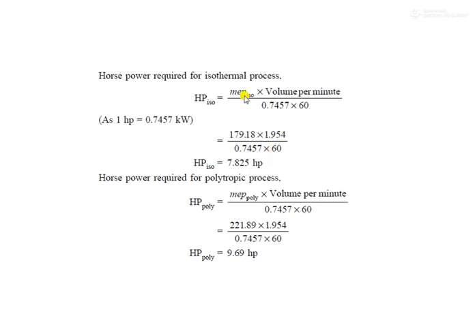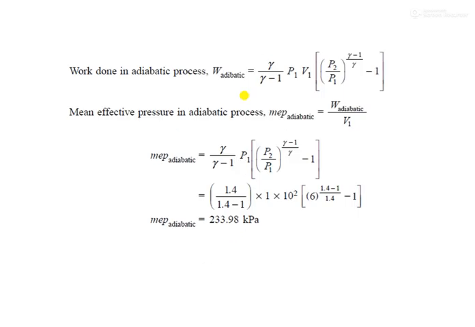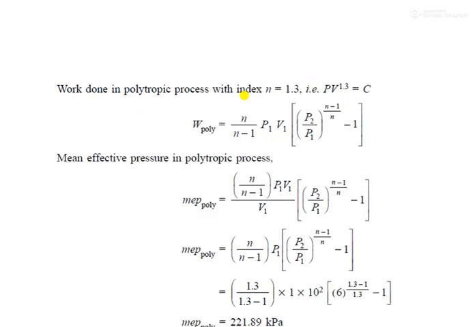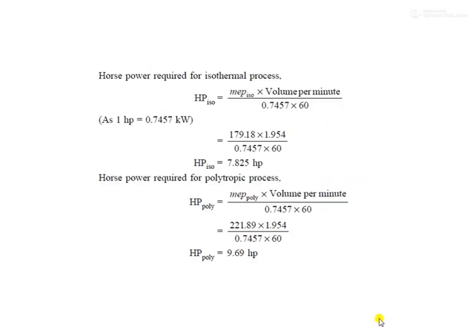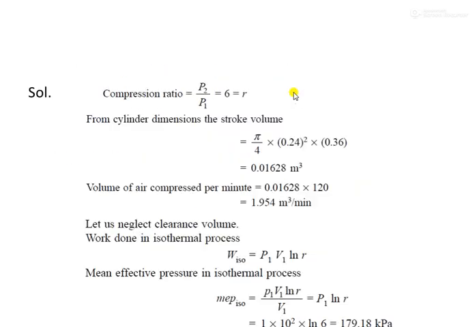So mean effective pressure for isothermal process, we have determined it, and it was 179.18, so we'll be using that value. So 179.18 times volume per minute, we have discussed this expression also.